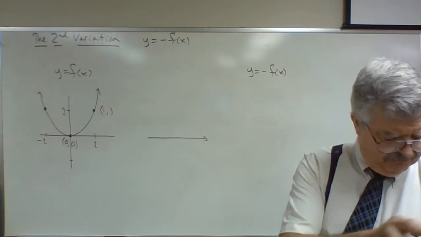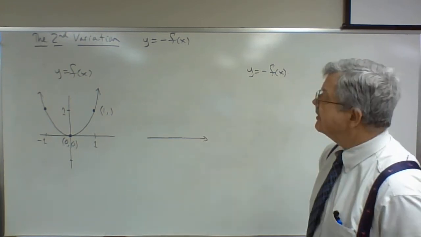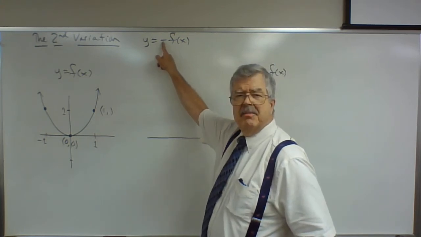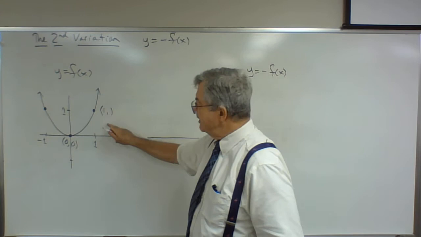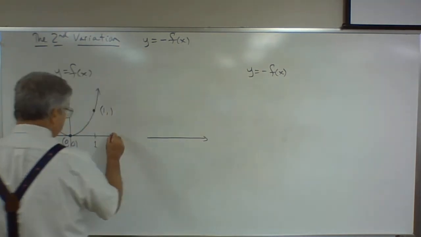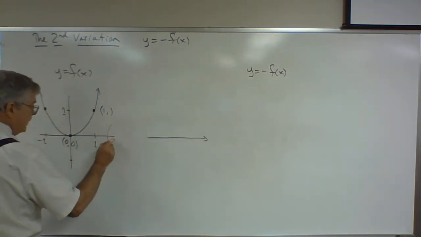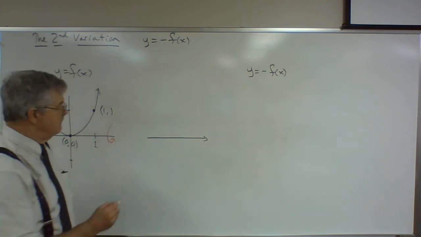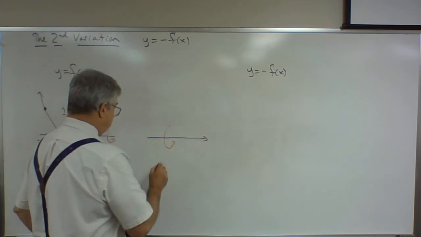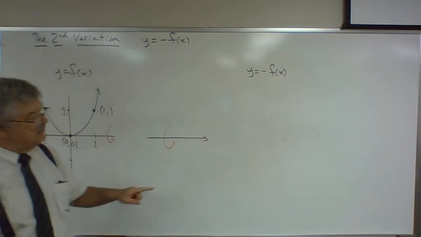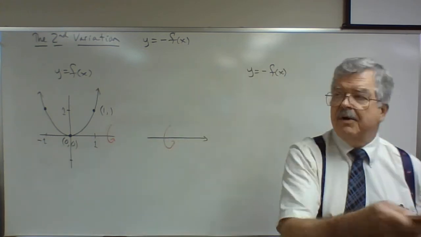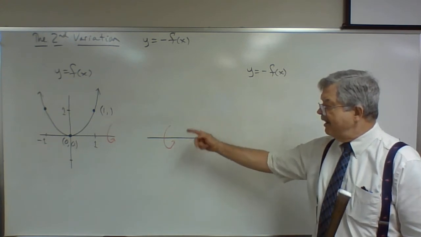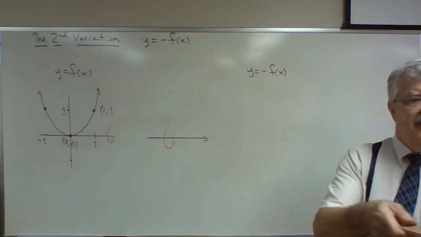And I'll tell you exactly what happens here. Multiplying the y value of a function by -1 takes the entire graph and revolves it about the x-axis. So going from here to here, we're going to take the graph of the original function and revolve it about the x-axis.